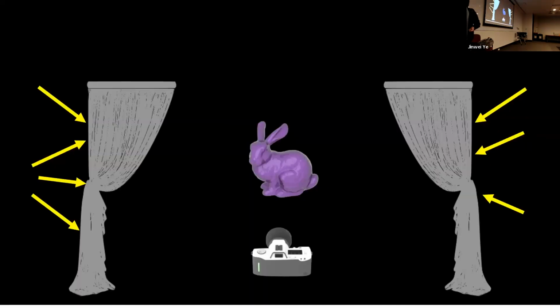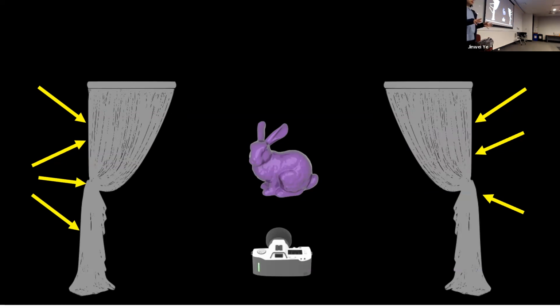So finally, I'll quickly go through this last work. The first two works that I just showed you were done in a controlled environment, which is the dark room. We precisely control camera position, light source, etc., and there's no other light affecting this.